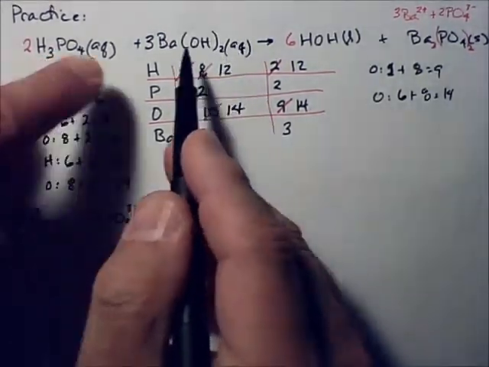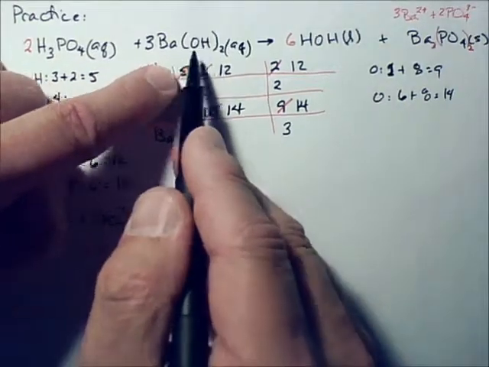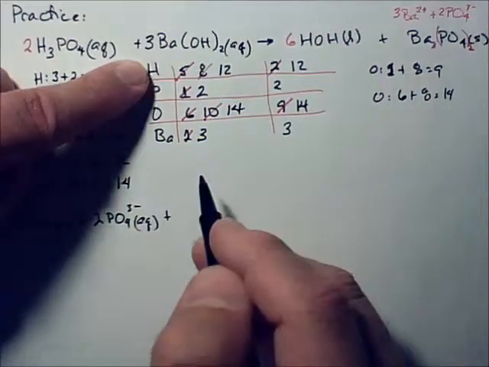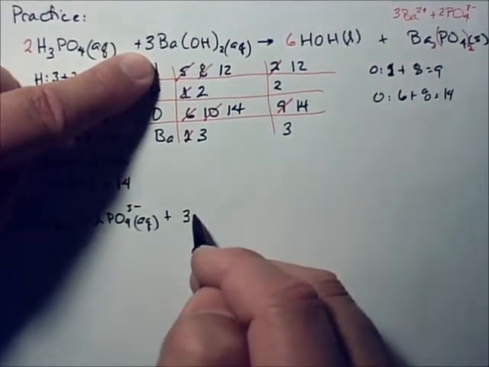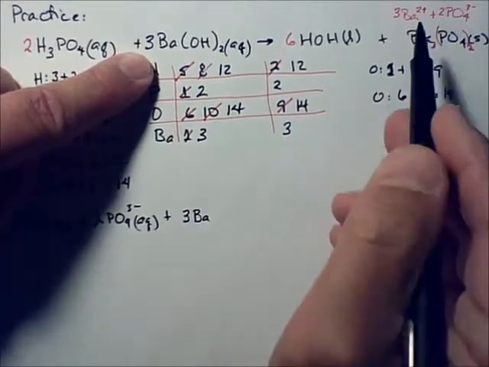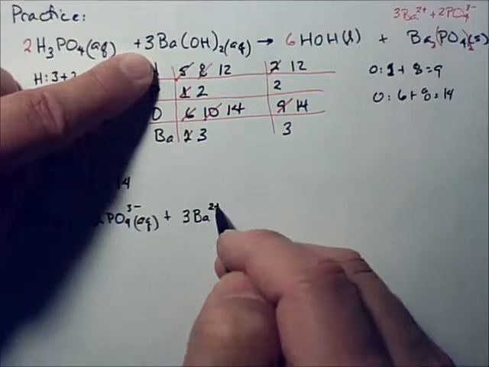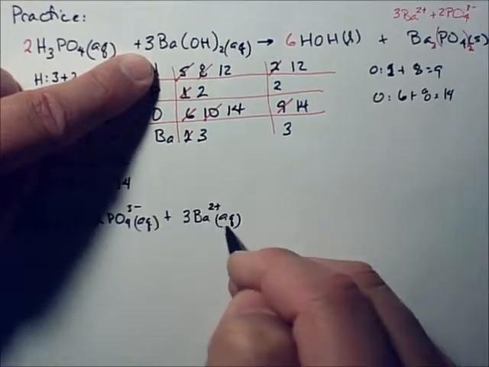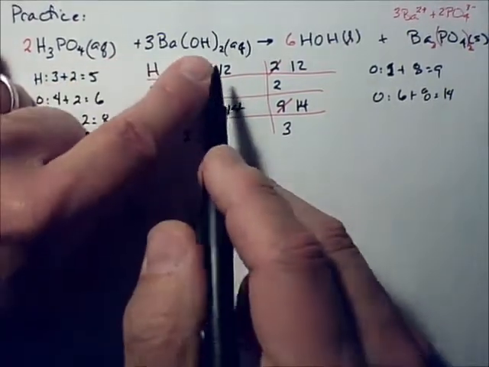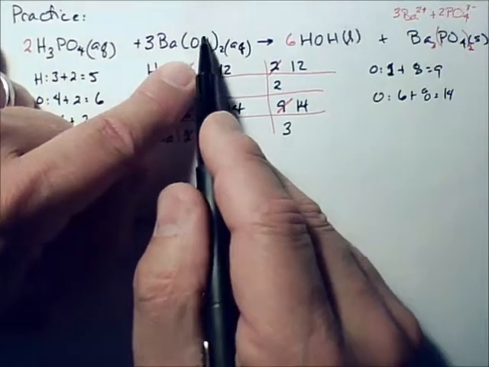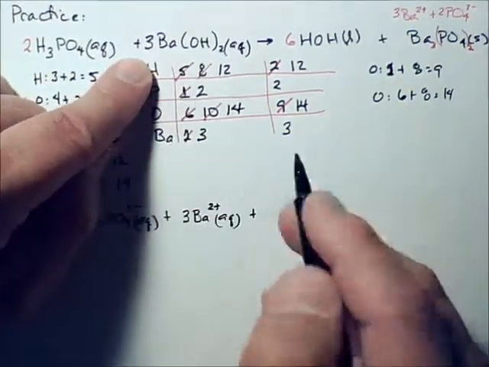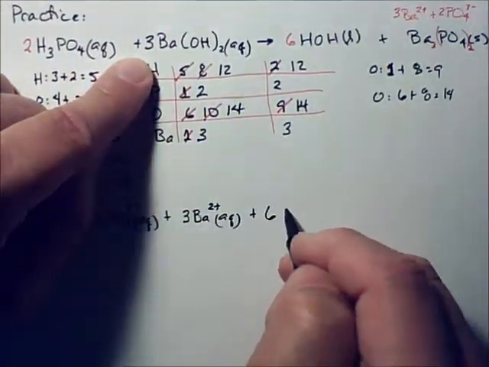Alright. This is aqueous. It's ionic. I've got a polyatomic ion telling me it's ionic. I have 3 bariums. We said barium has a 2 plus charge over here. Since the compound is aqueous, this is aqueous. And I have 2 hydroxides in the formula times 3, so I've got 6 hydroxides.